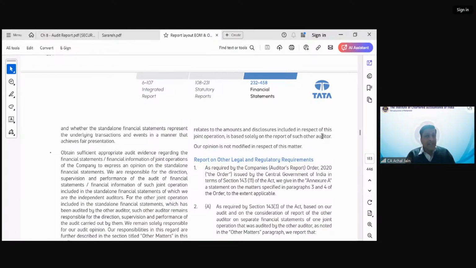Auditor audited that and provided his audit report to the main auditor. So therefore, in this case, what is this auditor trying to convey? This auditor of the company is saying that, see, I have audited the financial statements of the company, but there is one branch which I have not audited. Some other auditor has audited. Okay, and I have relied on the report of that auditor.